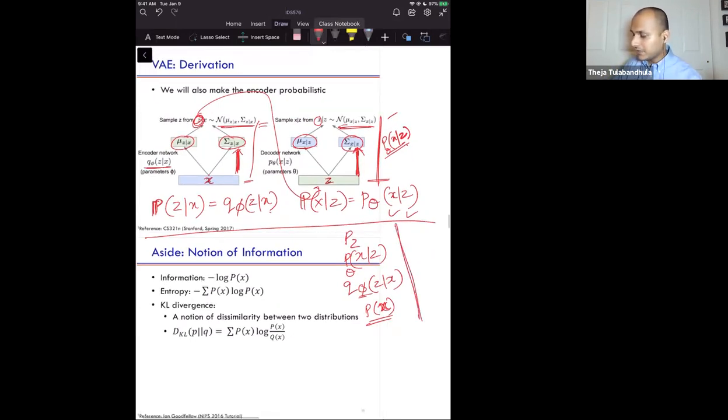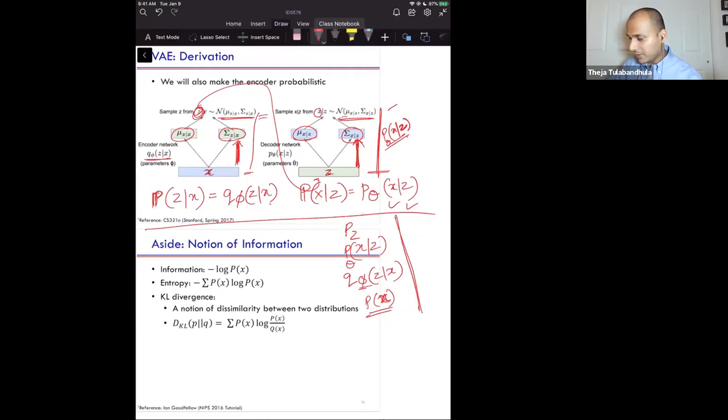So these are all the objects that we've introduced. Since we have these objects, there's going to be some comparison between them. For example, there's going to be some comparison between Q of Z given X and P of Z. Both are distributions on Z. In general, there's going to be comparison between distributions, and one measure of comparison is what is called KL divergence.